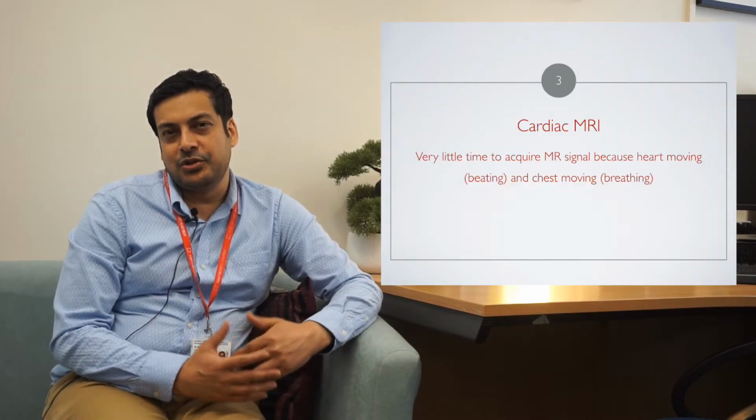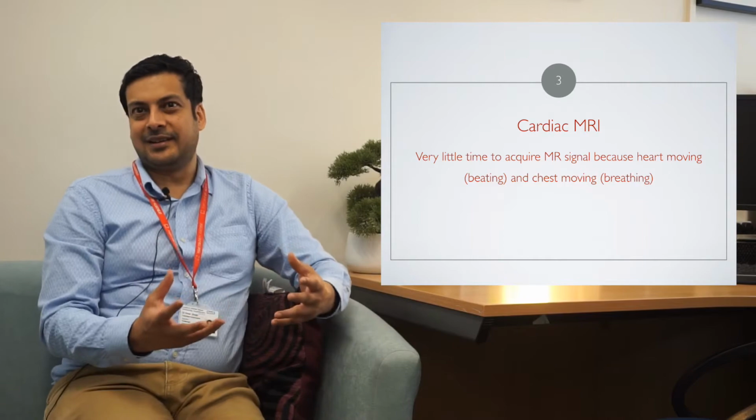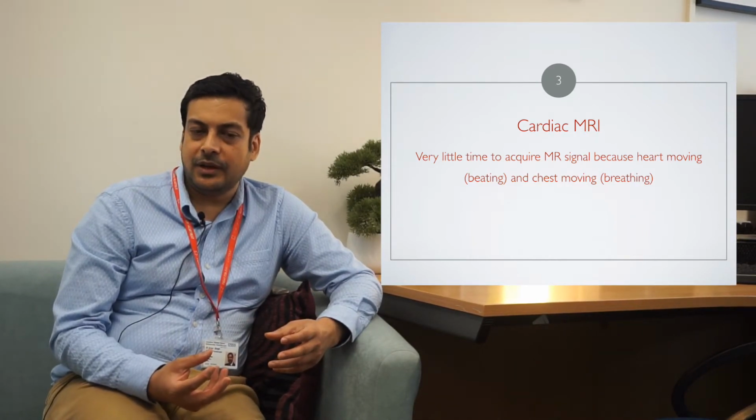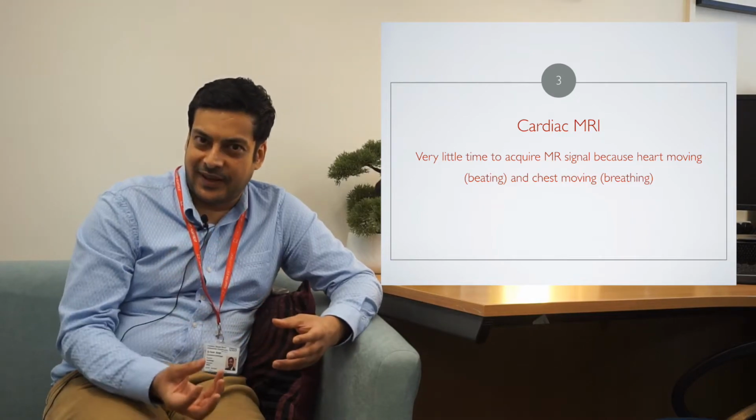Okay, so that was a lot of information, but I hope it's clear how we actually generate an MRI signal. If we go to cardiac MRI in particular, our main issue is how to get enough of that signal.